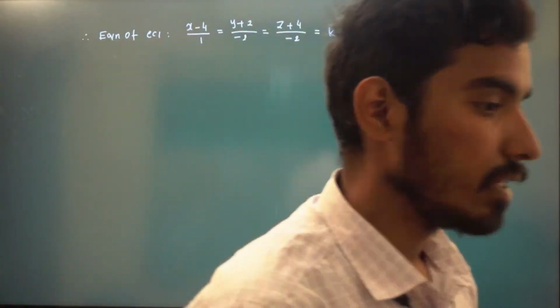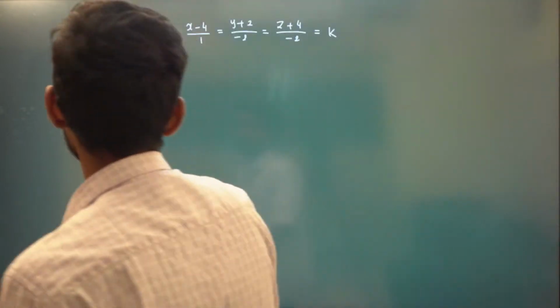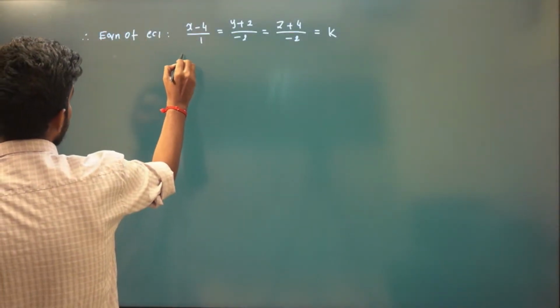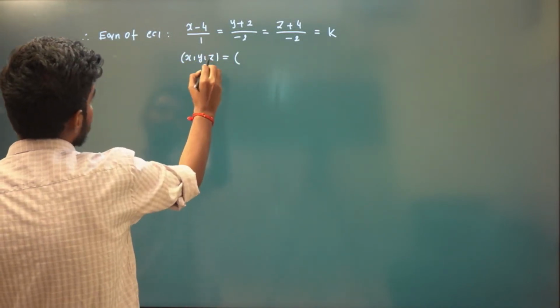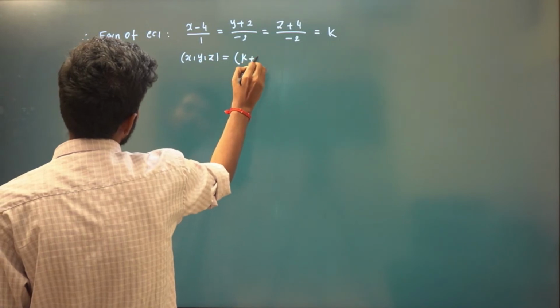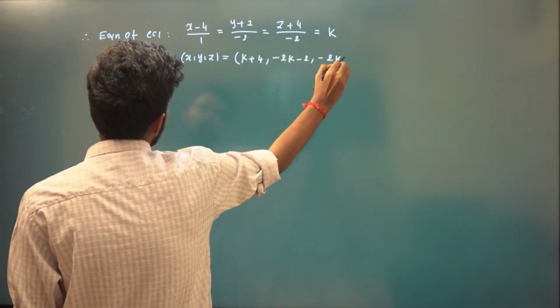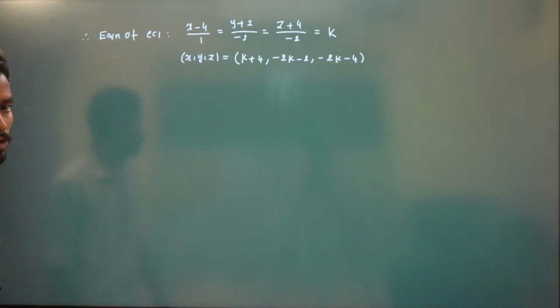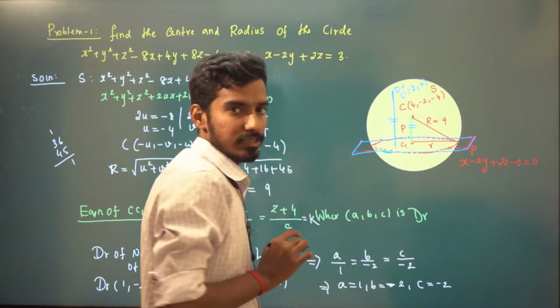Now let us find any point on this line. Any point on this line will be of the form x is k plus 4, y is minus 2k minus 2, z is 2k minus 4. So that means for some k, C1 will be equal to this, yes or no?